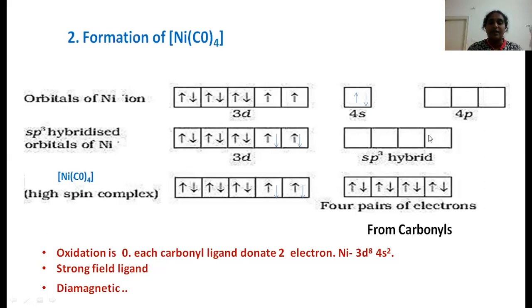In this sp3 hybridization, each of the 4 carbonyls, which are neutral ligands, donates one lone pair of electrons and makes the bond with nickel. Like this, it forms the tetrahedral geometry. And in this complex, observe that in this electronic configuration no orbital has a single electron. Hence, all electrons are paired, so this complex is a diamagnetic complex.